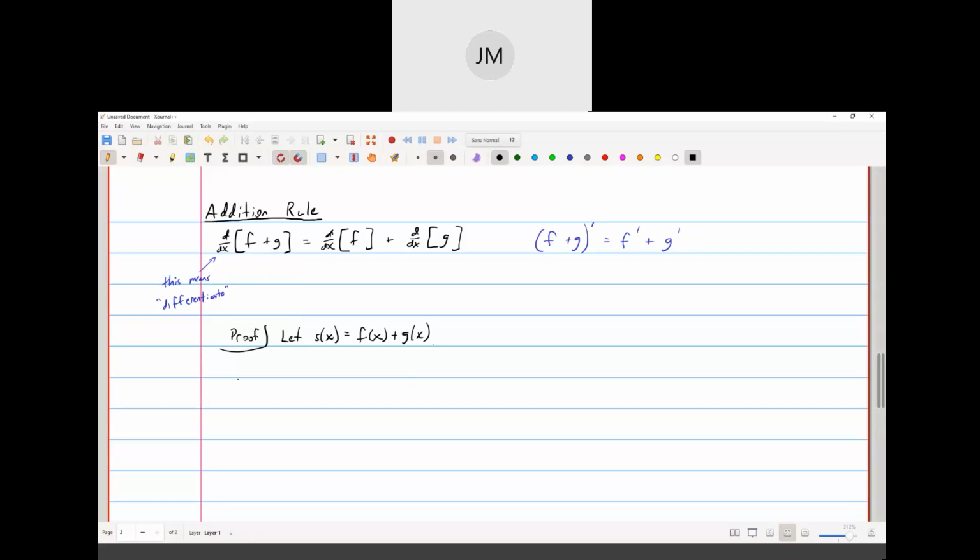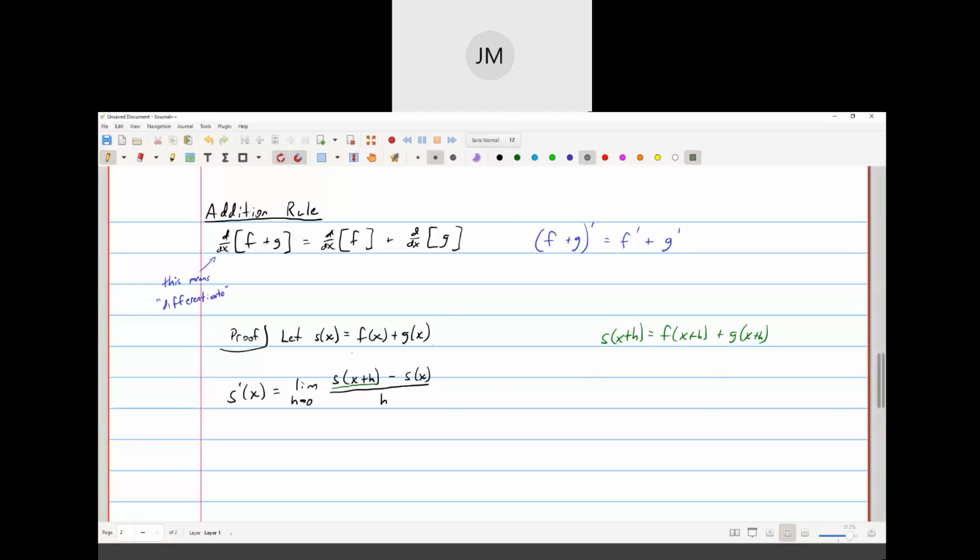Okay. Then s prime of x, that's going to be the derivative of f plus g. That's the thing we're looking for. And I'm going to go ahead and write that down using our limit definition, right? That's going to be s of x plus h minus s of x all over h. Okay. And once again, I want to figure out what I'm working with, right? So s of x plus h, since s is f of x plus g of x, that's going to be f of x plus h plus g of x plus h. Okay. So I'm just going to plug that in here.